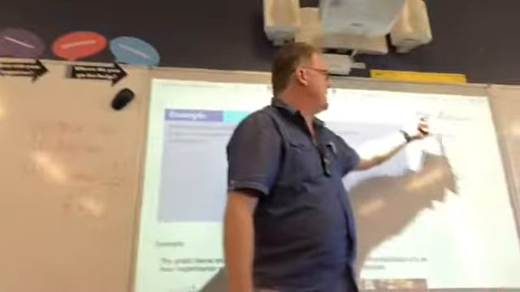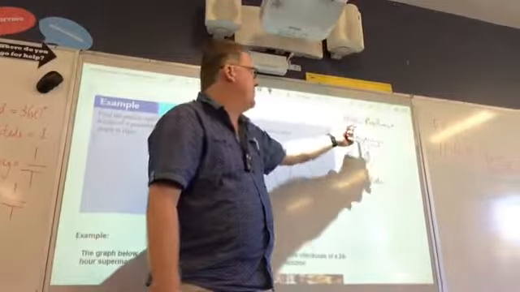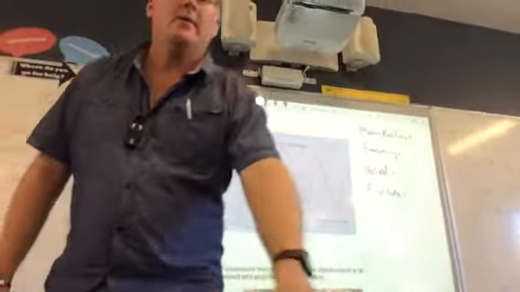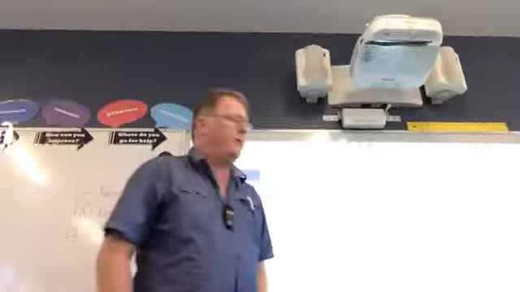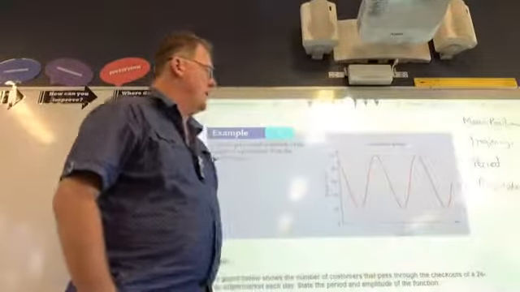I'm looking for the mean position first, that's the first thing we try and find, and then we can do the other three from there. So frequency, period, mean position, amplitude. What are they?